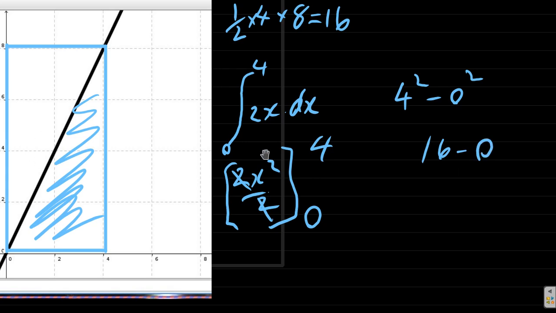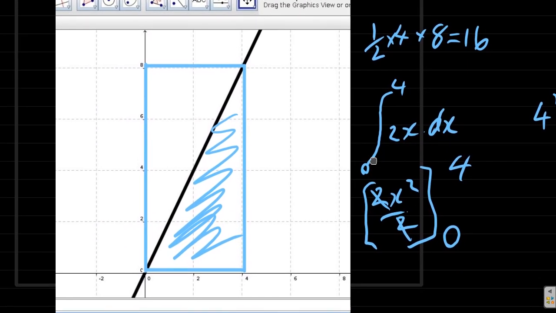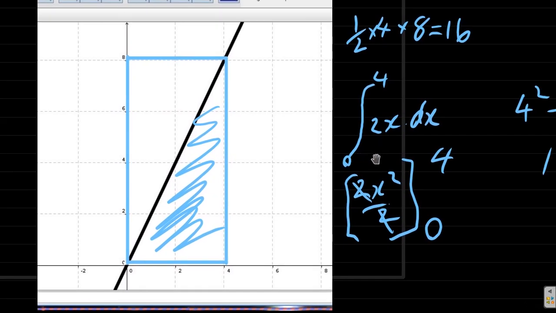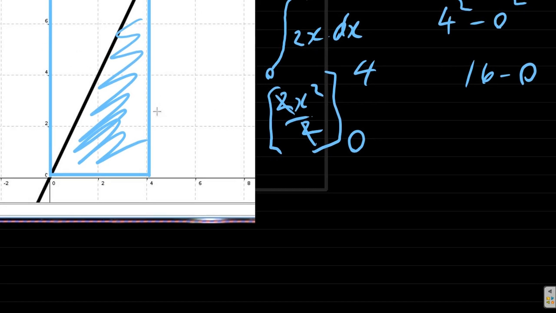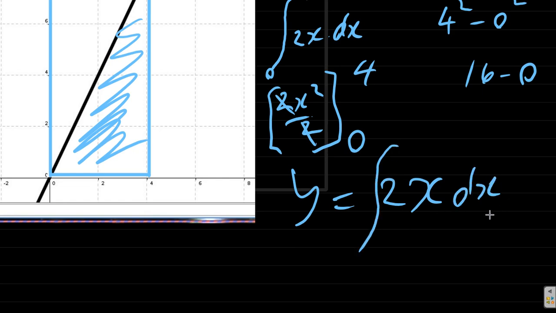Alright, good. It would be 16. So our integration agrees with using the half base times height formula. Now what we did was say y is equal to 2 times x. Then we integrate 2x dx and got it.